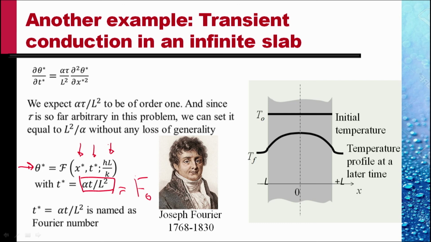A scientist by the name of Heisler devised a scheme in which he said we will solve the first problem at x star equal to 0, that is at the center line of the slab, and will produce the result of theta star as a function of t star, that is the Fourier number, with HL by k as a parameter.